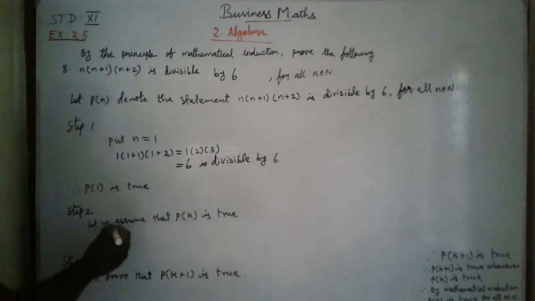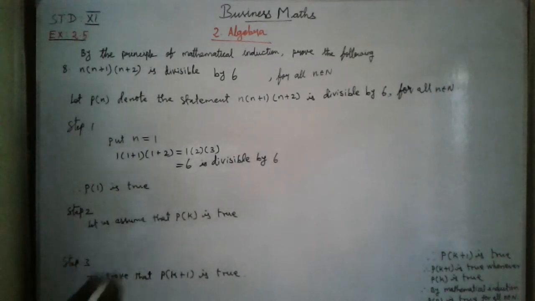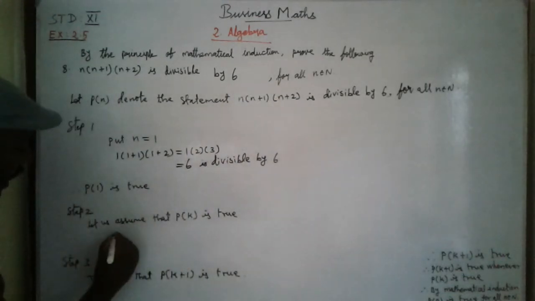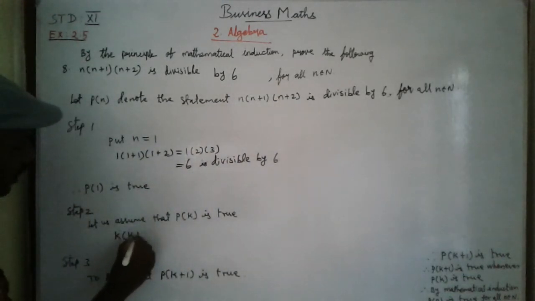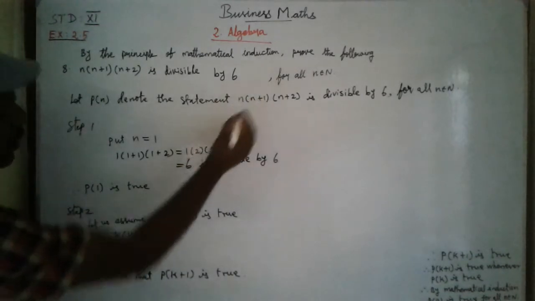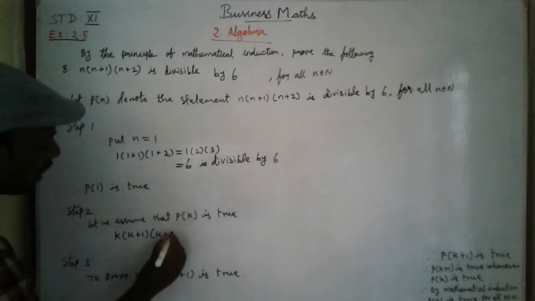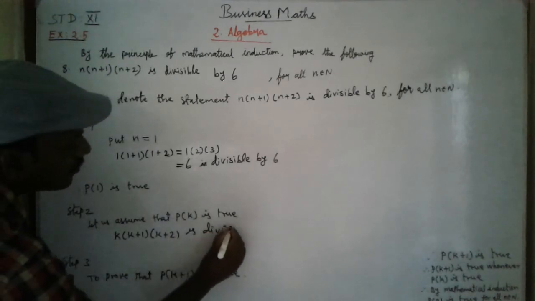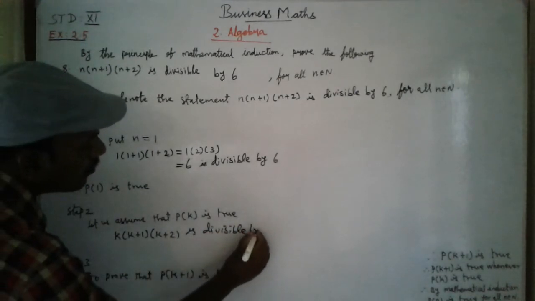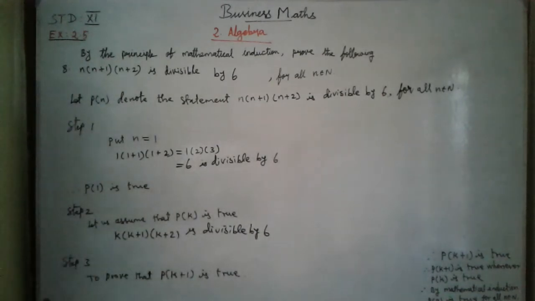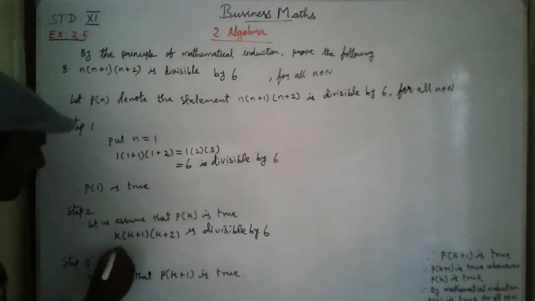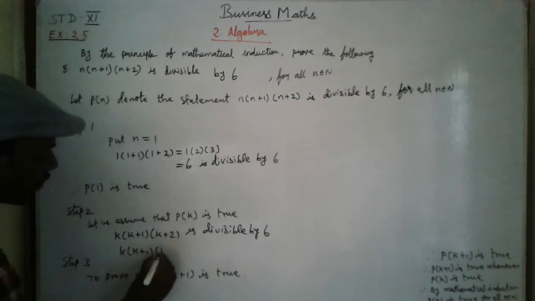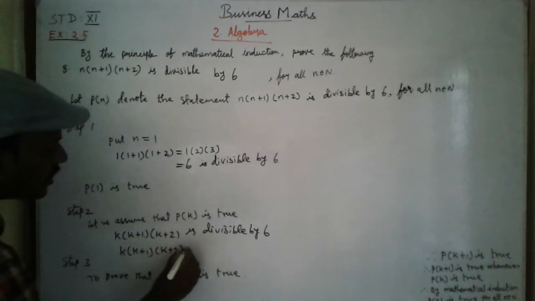Step 2. Let us assume that p of k is true. We substitute k for n: k into k plus 1 into k plus 2 is divisible by 6.